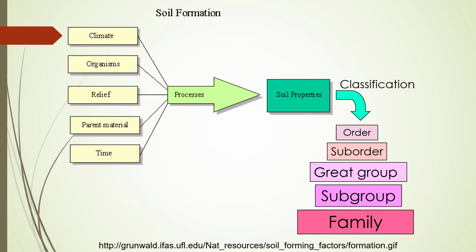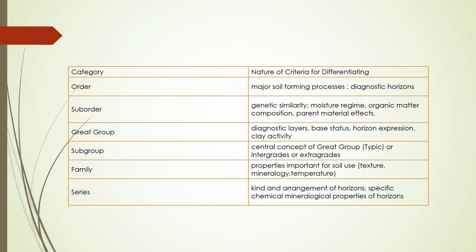Okay, so this is soil formation. You've got your climate, organisms, relief, parent material, and time. Then there are processes that happen, and then the soil properties help with the classification. And while there are a lot of different tiers to this, we are primarily looking at order and family. So order is major soil-forming processes.